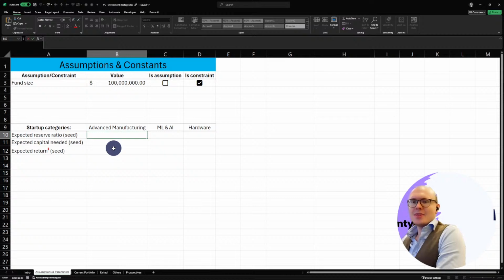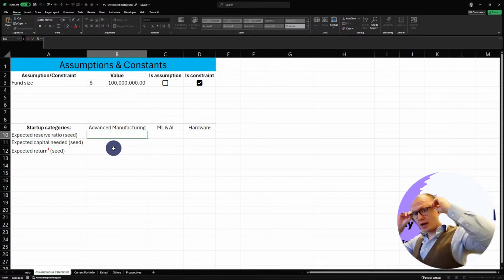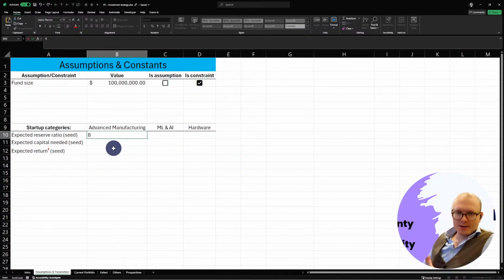So let's say that roughly, if an advanced manufacturing startup needs just $1 million, we might expect that in the next round they need to raise 10 million so that they can really grow. And advanced manufacturing might mean big machines and so on and so forth. So let's say that might be around an 8 ratio. So we might need to do the same to keep our investment ratio.